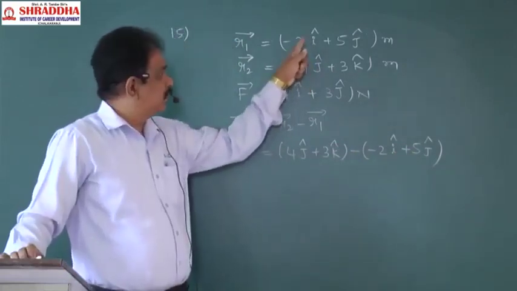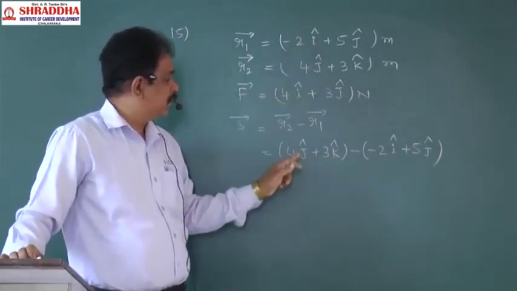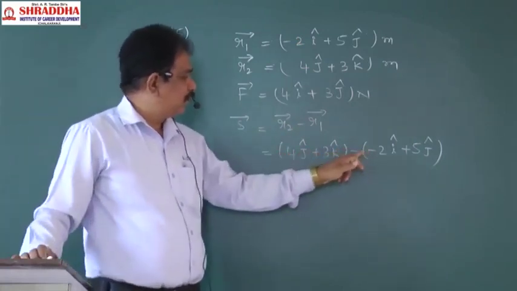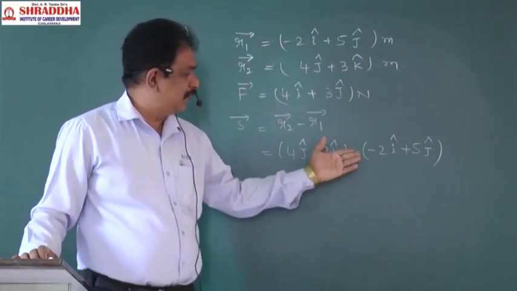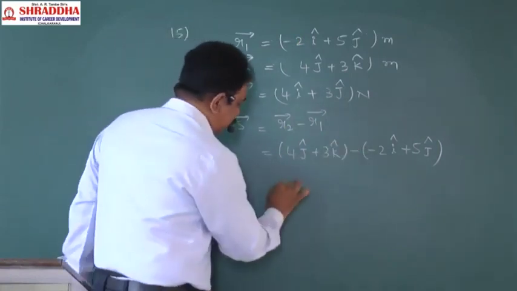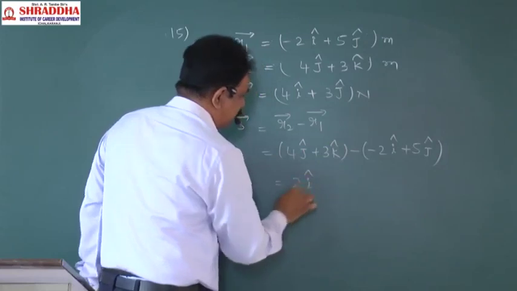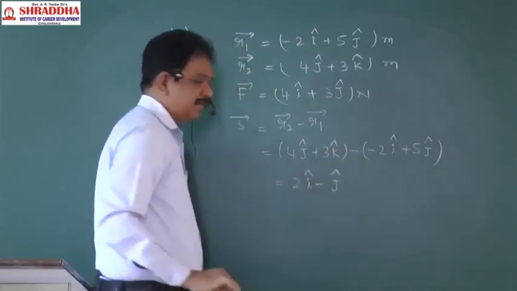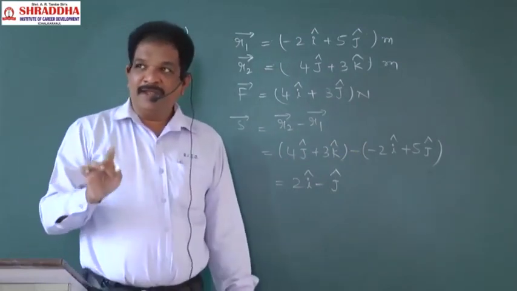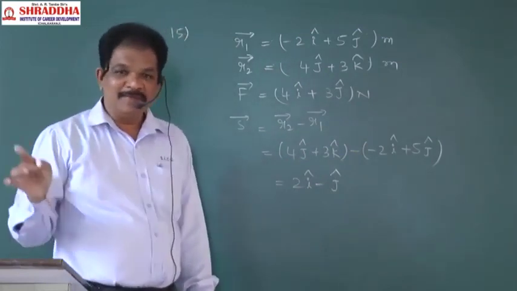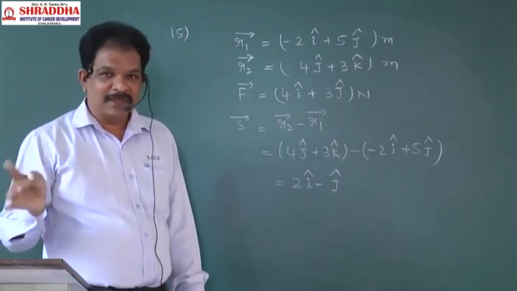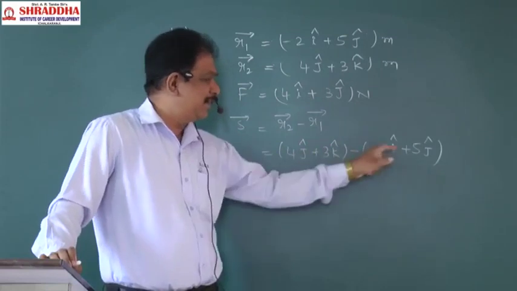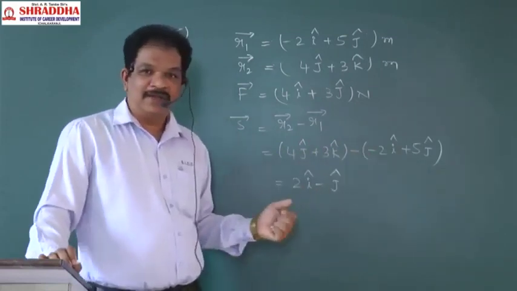From this, you subtract this one from this. So, no i is there, so this will be 2i cap. 4j minus 5j, it will be j. You remember, from i you subtract i, from j you subtract j, from k you subtract k. Like this minus this, you don't do. This is j and this is i. You can't subtract. Clear understanding?